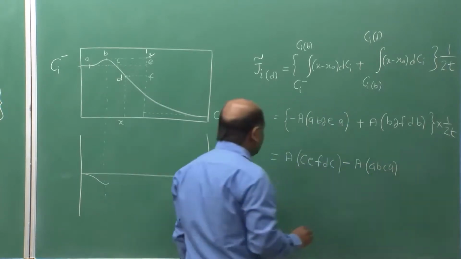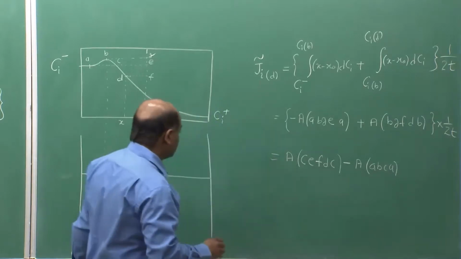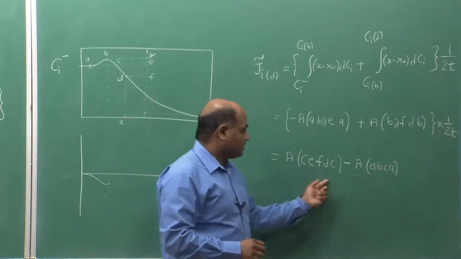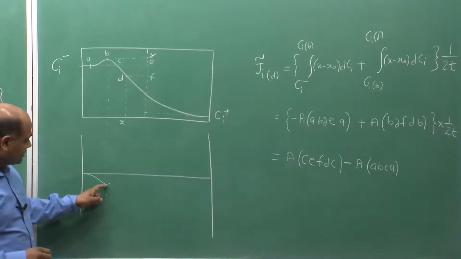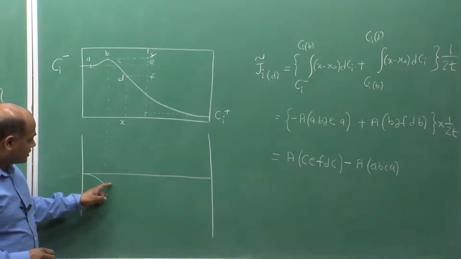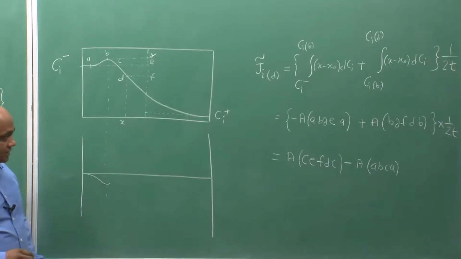So, this will be the value of flux at D, and since these two have different signs, we see that after maximum the interdiffusion flux starts decreasing in magnitude here.